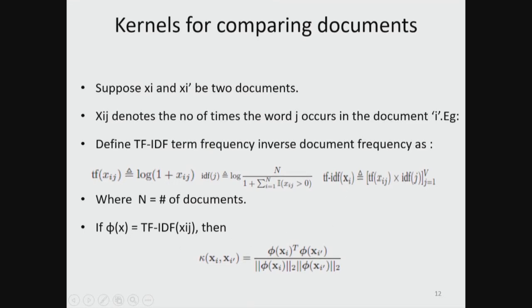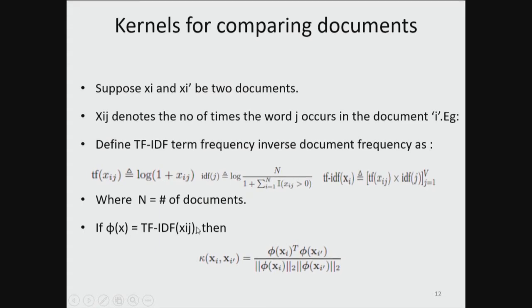Now, if phi of x, we call this TF-IDF of this one, this value we call phi of x. Then corresponding to x, we can have phi of x, which is nothing but TF-IDF of xij, and corresponding to the other argument x dash, we can have phi of x dash equal to TF-IDF of xij dash.